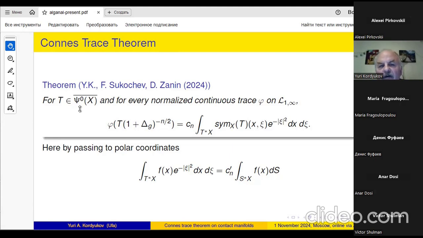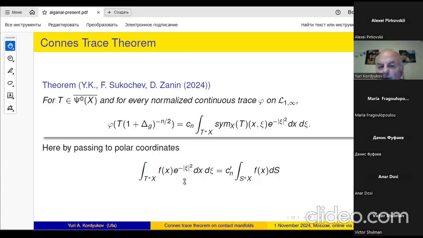And the answer is actually the same, but it's better to write the answer not as an integral with respect to the Liouville measure on the cosphere bundle, but to go back to the entire cotangent bundle, introducing such a weight. We call this the canonical weight. It's quite typical for proper actions.